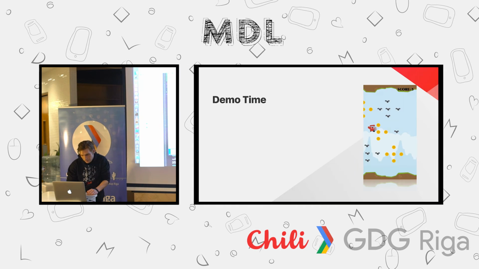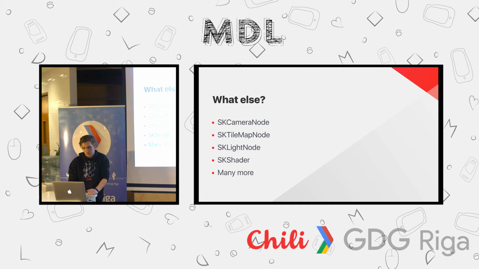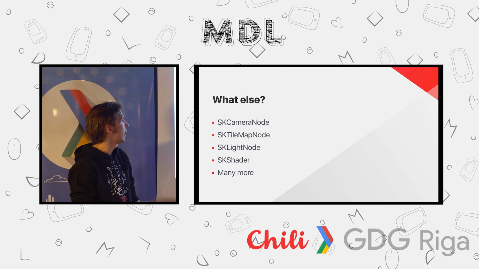So yeah, besides those nodes, there's a camera node, which, if you make a level-based game, you can assign to a player, so as not to show the whole level at once. You have tile maps. You have a light node for dynamic lighting.